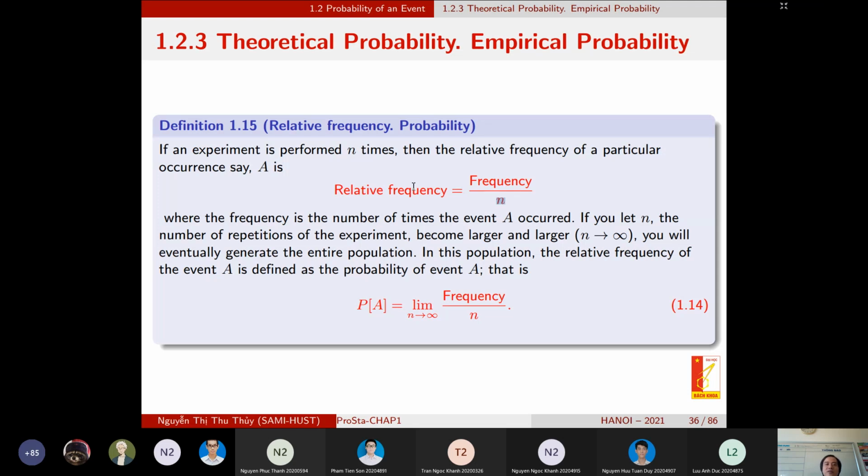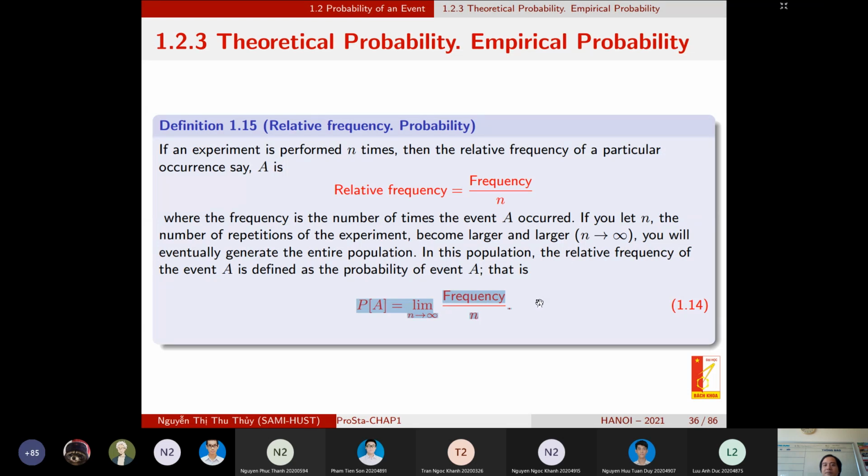Now if we conduct more and more experiments, or let n tend to infinity, then the law of large numbers, which we will learn later, says that the limit of the relative frequency of A tends to the probability of A.